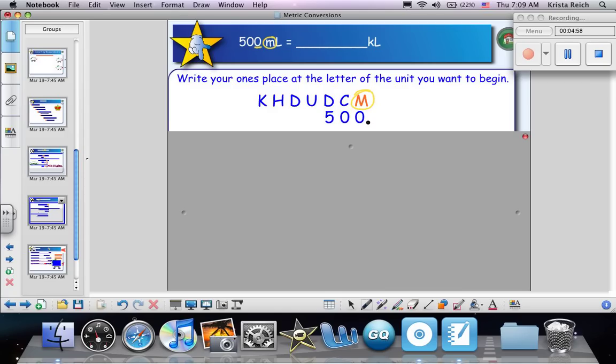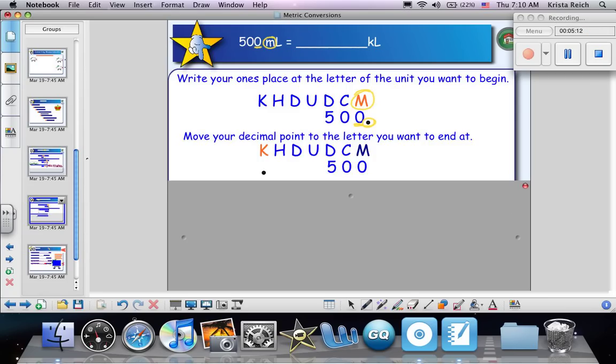And you want to put that 0 right there under the M and then line up the rest of your number as usual. Decimal point is at the end here. We want to move that decimal point to the letter that you want to end. We want to end at kiloliters. So that would go under the K here. And we put our decimal point right there.